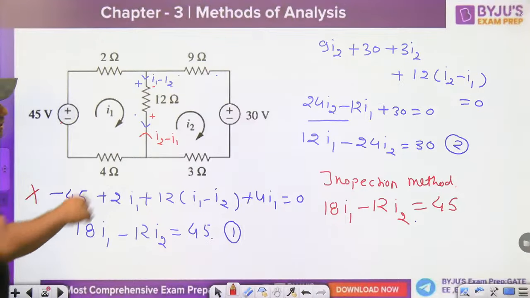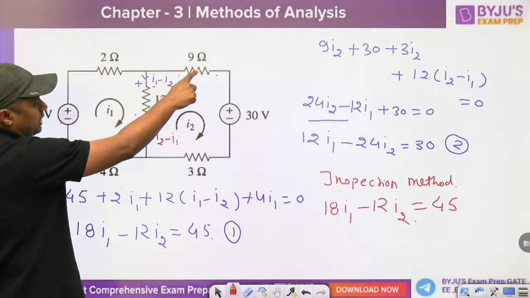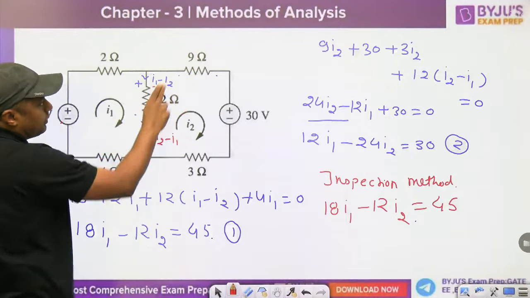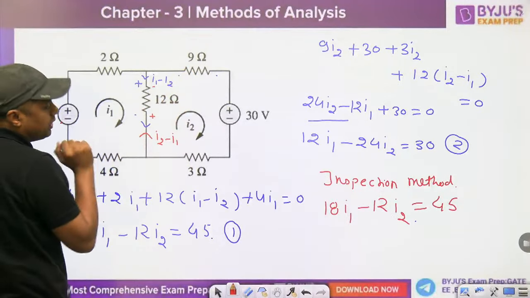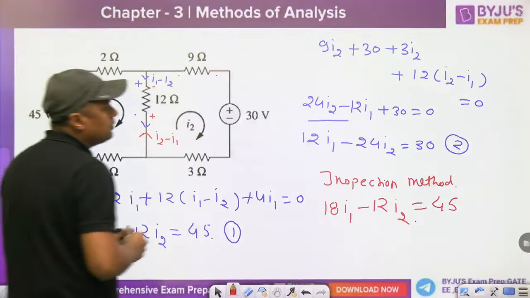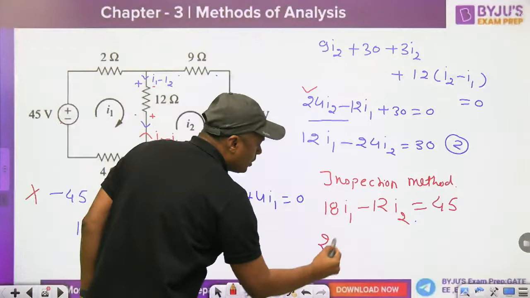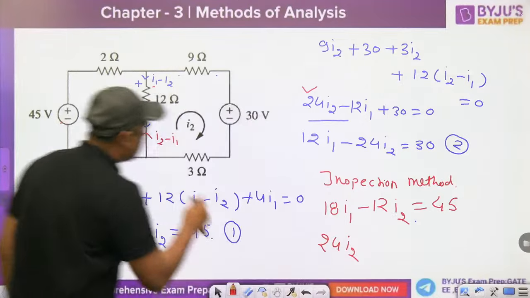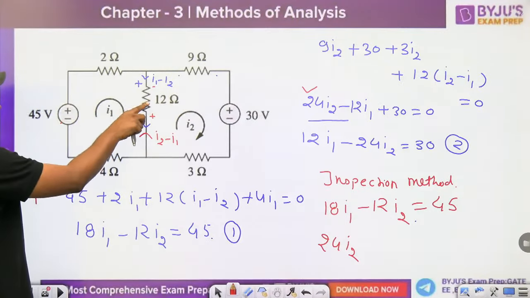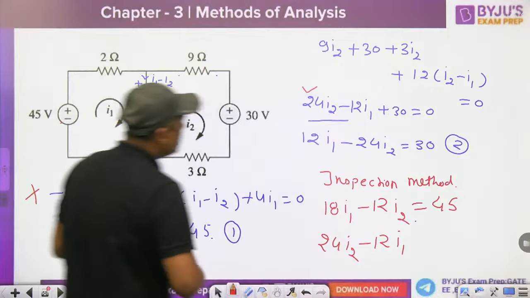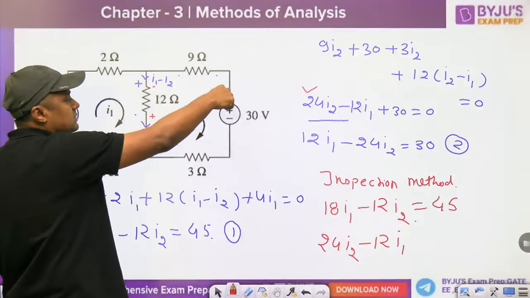Similarly, watch this. 12 plus 9, 21, plus 3, 24. 24 times I2. Right? And what is I1? Opposite to I2. That's why minus 12 I1. Now the current enters through this plus 30.